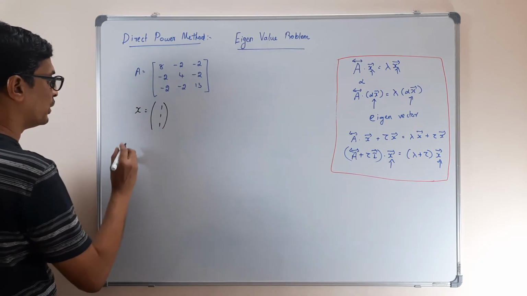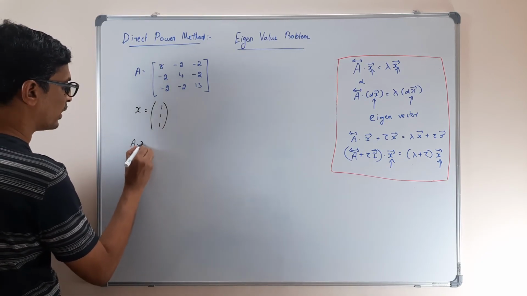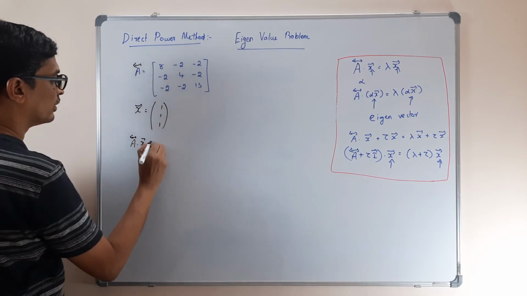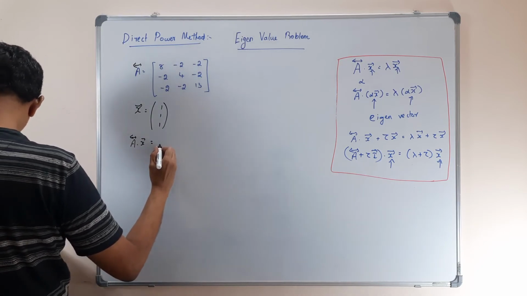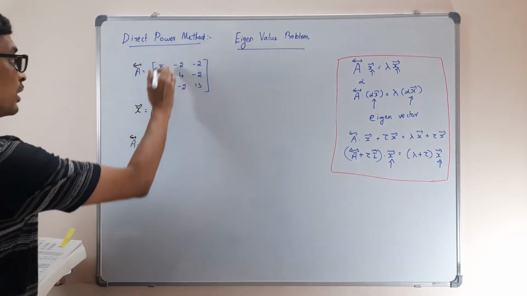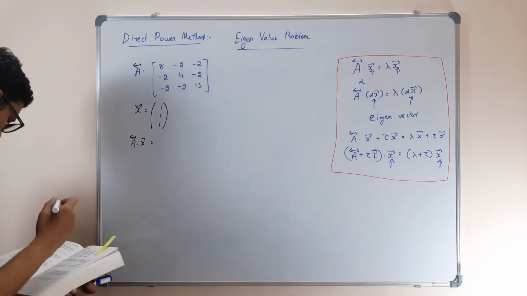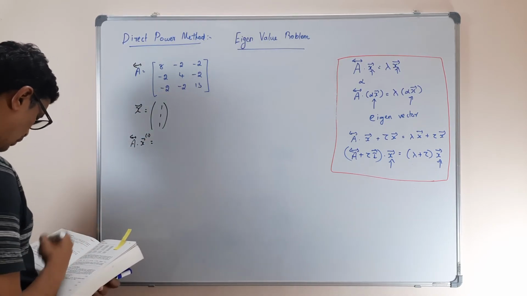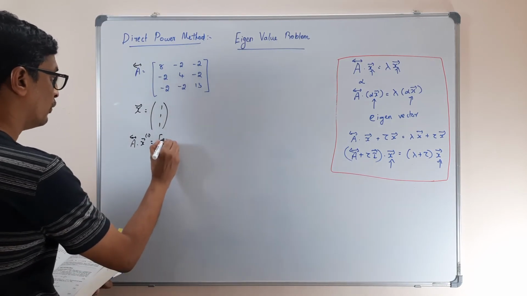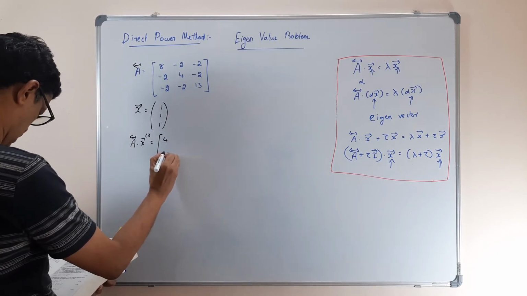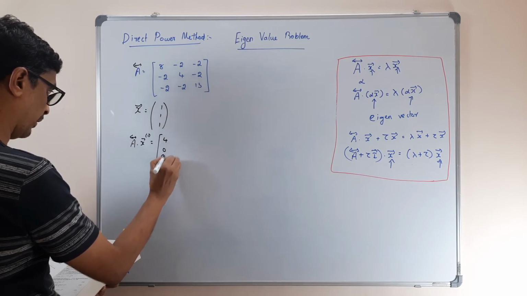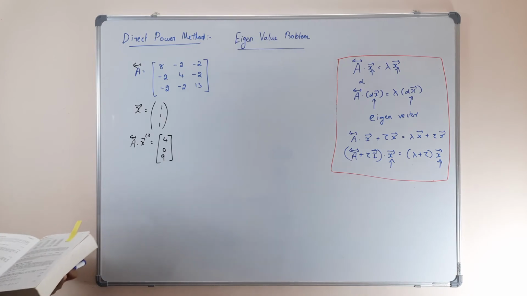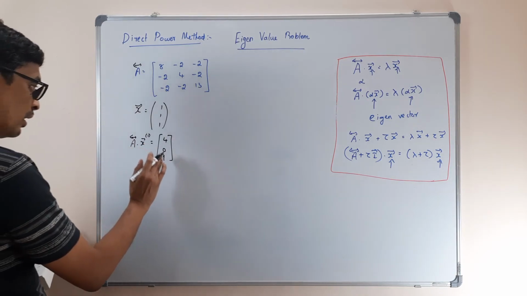First, we do A dot x. If you multiply these two matrices, I'm straight away writing down the result, this will be the first iteration. That will be 4, 0 and 9. Then from here I take one number out.